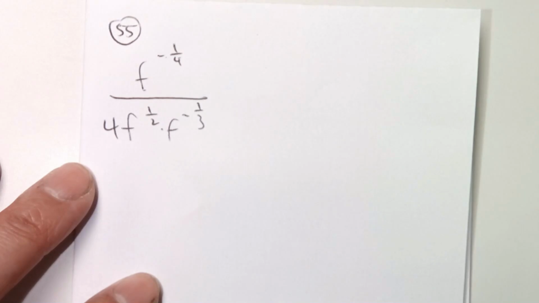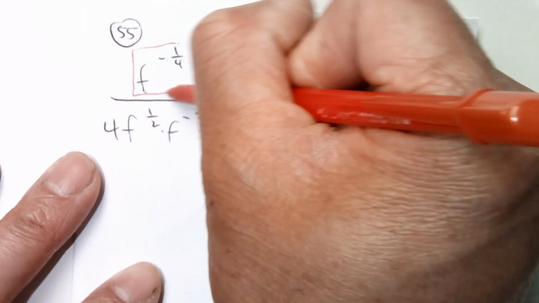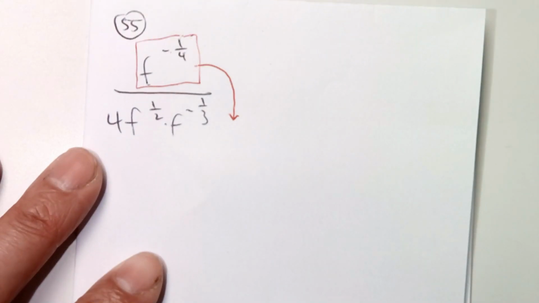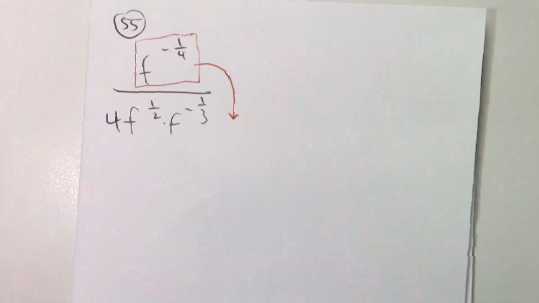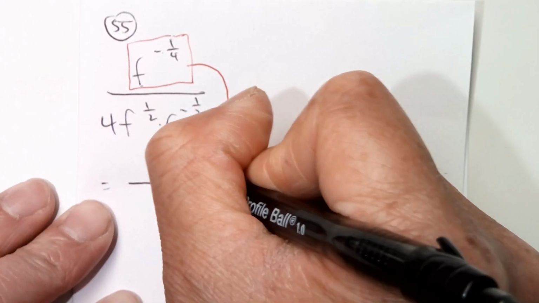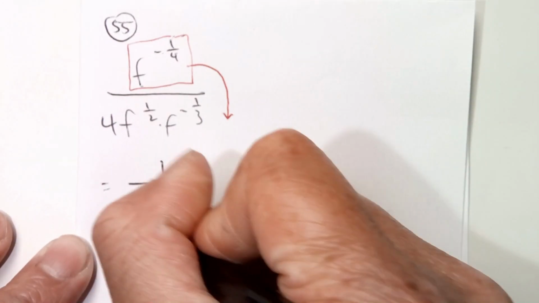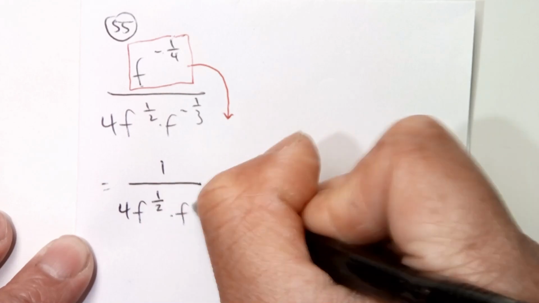Alright, question number 55. We got a lot of stuff going on right here. I'm first going to bring this one. Okay, so what I'm doing here is putting them all together, like all the kids play a game in the house. So I have 1 left in the numerator. There's nothing up there, so it's not like they all go from downstairs to upstairs.